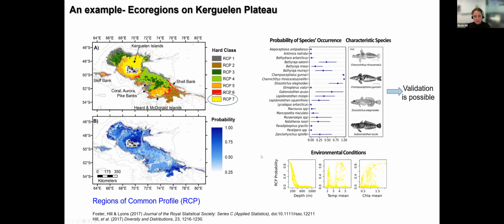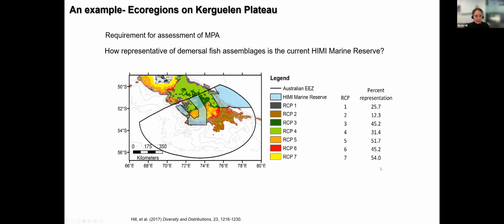So once we've developed and mapped and understood the distribution of these assemblages, what can we then do with it? It's a requirement under the management of the MPA to assess its performance.